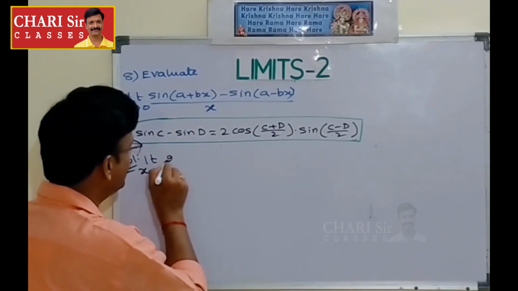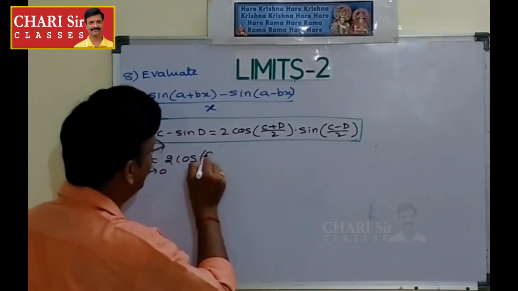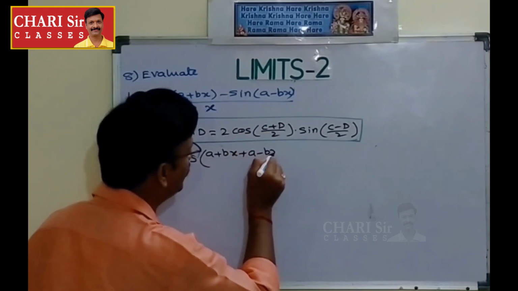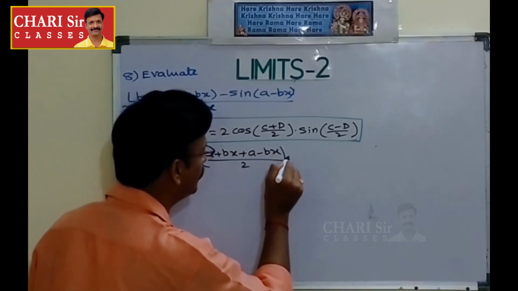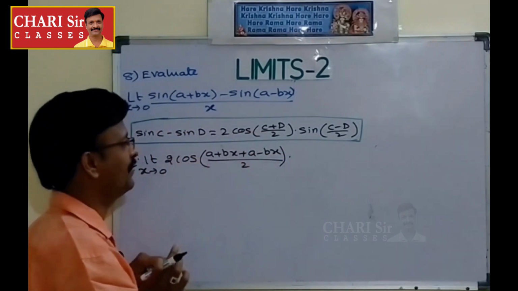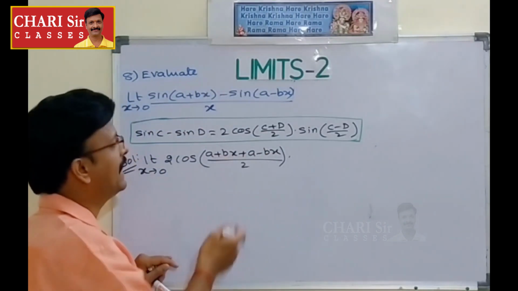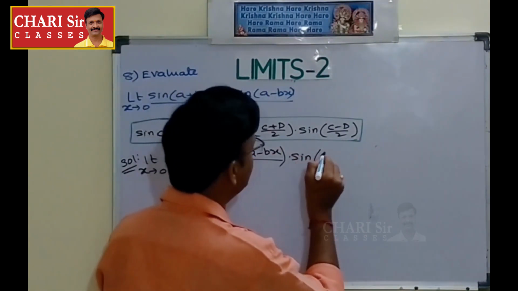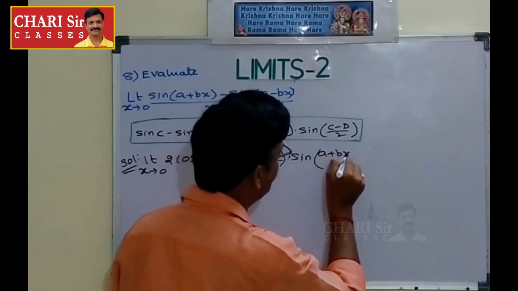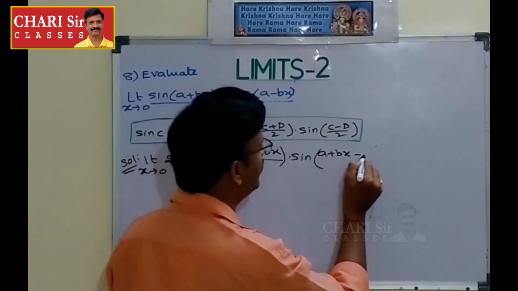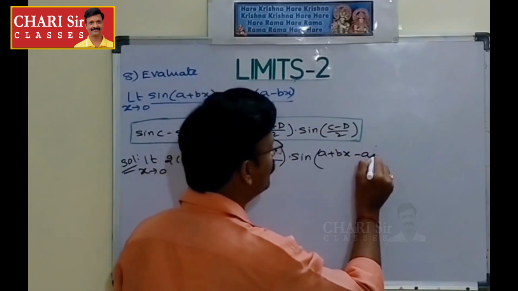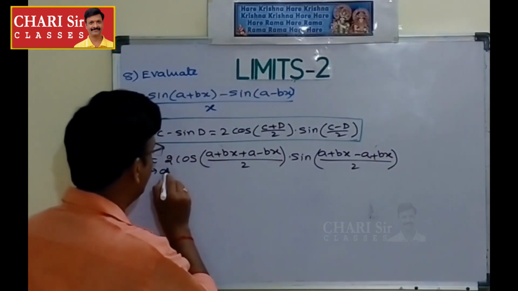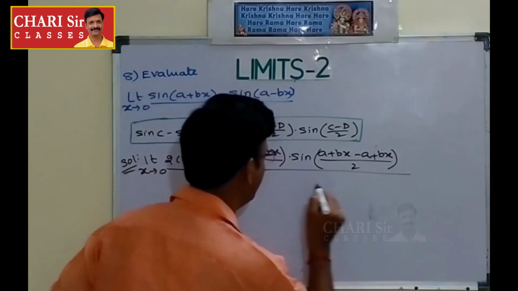So 2 cos of (a plus bx plus a minus bx) by 2, into sin of (C minus D) by 2, that is sin of (a plus bx minus a minus minus bx, which is plus bx), total divided by 2, the whole thing divided by x.